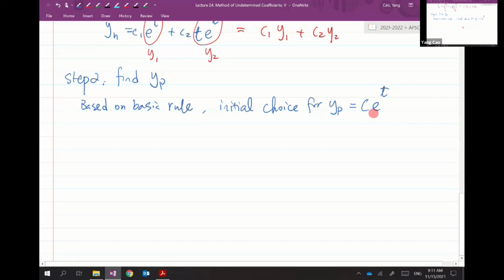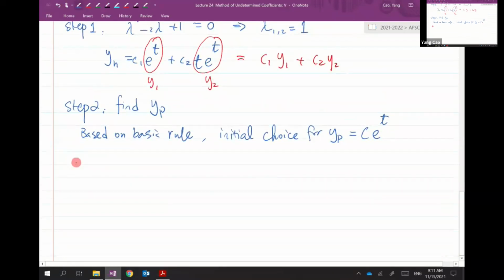So now let's look at the modification rule. What is the modification rule? The modification rule says, look at your initial choice yp and compare it with your basis solutions y1 and y2.